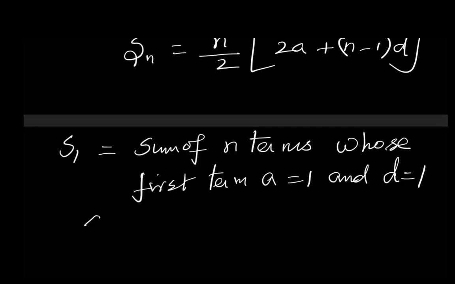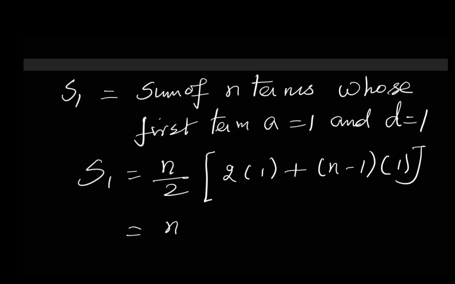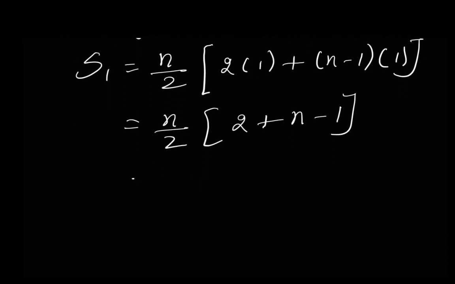How do you get S1 from Sn? Keep the sum of n terms, but substitute a as 1: 2 into 1 plus (n minus 1) into d, and d is 1. So you will get S1 as n by 2 into (2 plus 1 into (n minus 1)). So n by 2 into (2 minus 1 plus n).